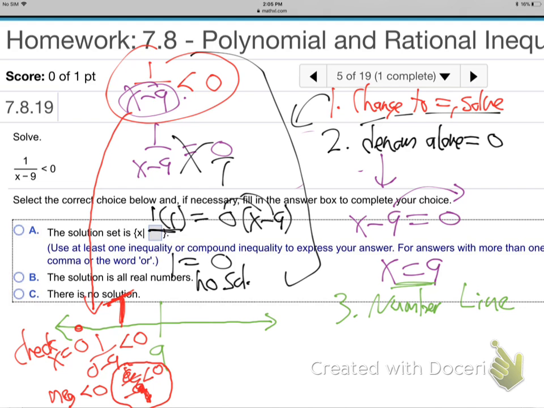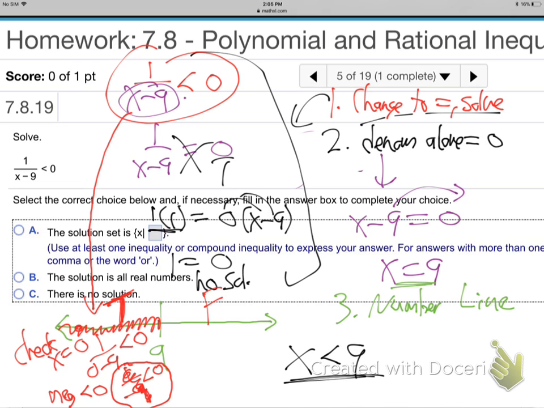So that other one must be false section. So the answer must be all the things in that section. How do we say all the things in that section? X is less than 9, right? Isn't the shading all the numbers less than 9? All the numbers less than 9.